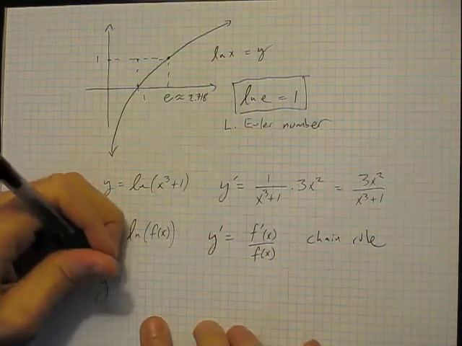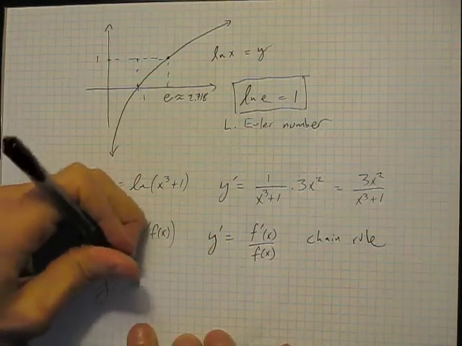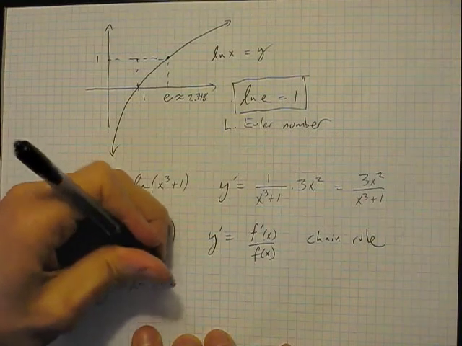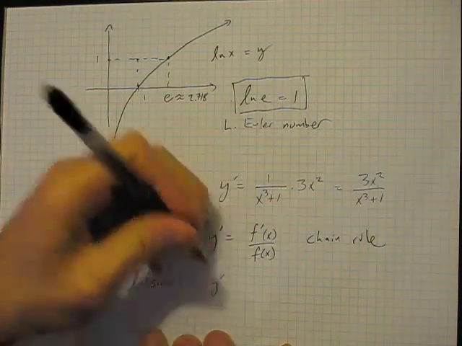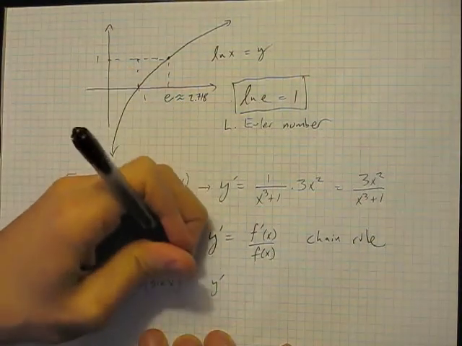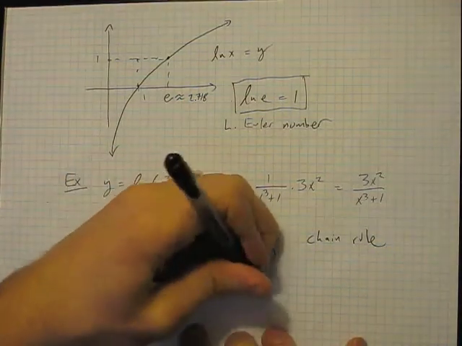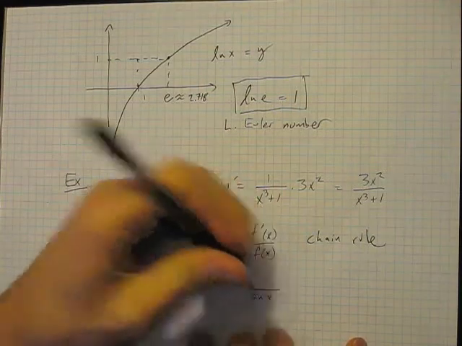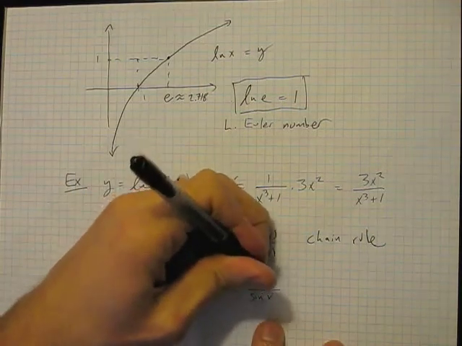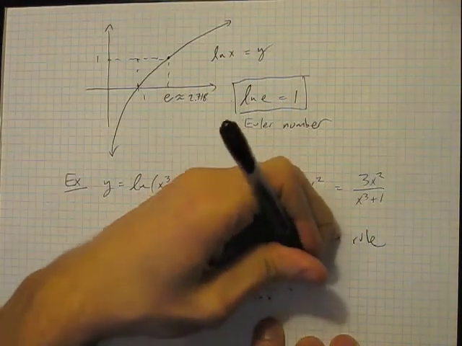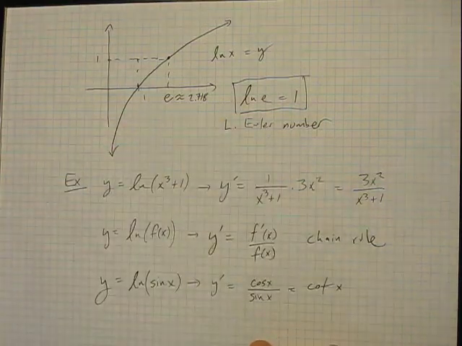If y is equal to the log of sine of x, then y prime, using the rule above, has sine of x in the bottom and the derivative of sine of x in the top. That's cosine, so this is cotangent.